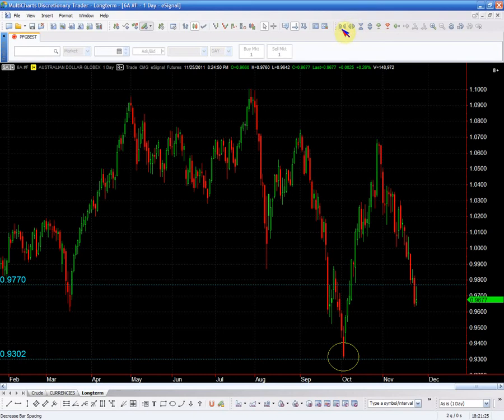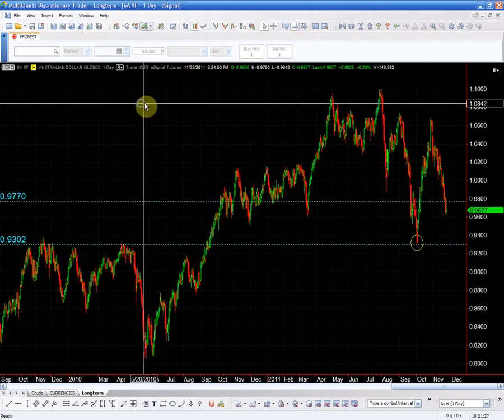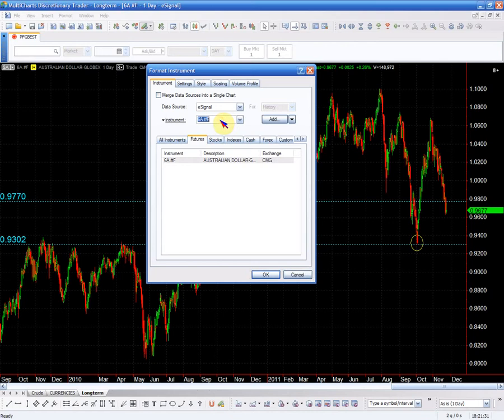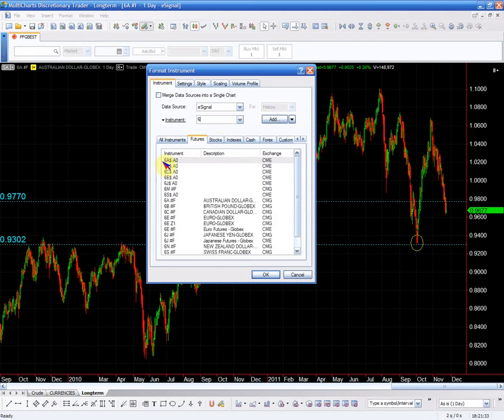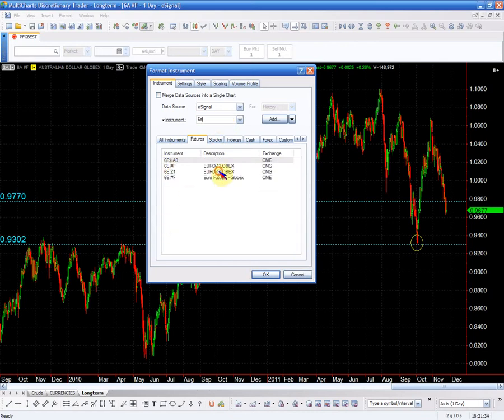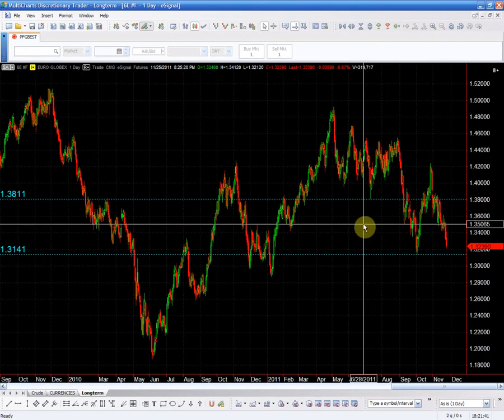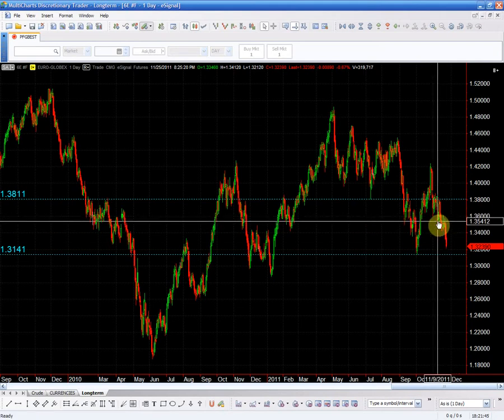So this is also a major sell signal. If you look at the euro, this is also the weakest, so that's extremely weak, and the same thing with the British pound.